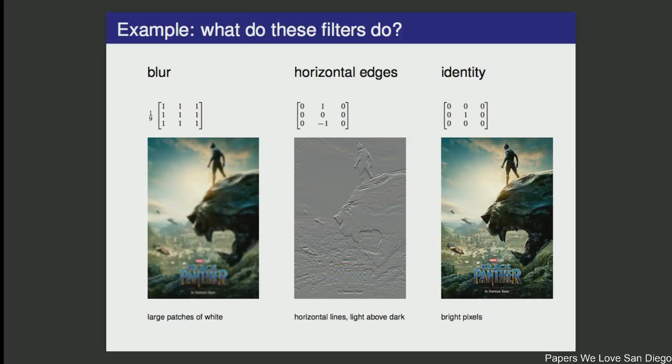This filter is going to spit out very large numbers when, I think we said, you have a light pixel above a darker pixel. And so when it sees a horizontal line, it's going to spit out a large positive number, or if it's dark to light, it'll spit out a large negative number. And then here, this is going to highly activate, spit out a large number, when you have a very bright pixel at some location.